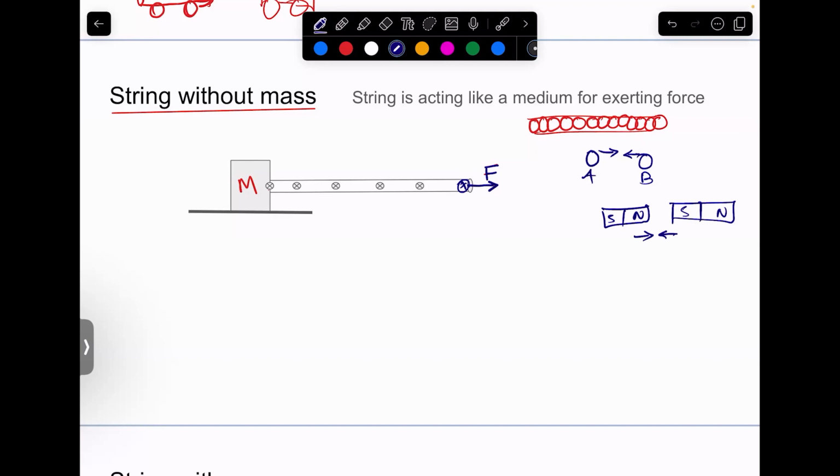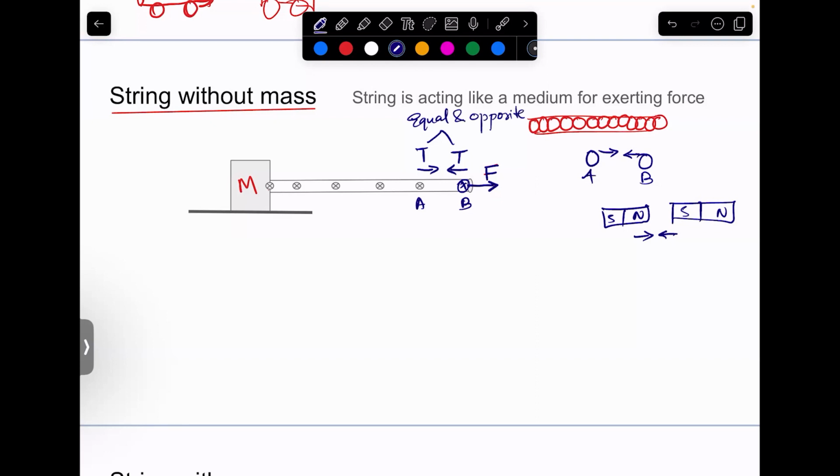In a similar way, consider this point A and point B. B will attract A towards B, and A will cause a force on B. If we call this tension T, this will also be T because of the third law, right? These are equal and opposite forces of attraction.